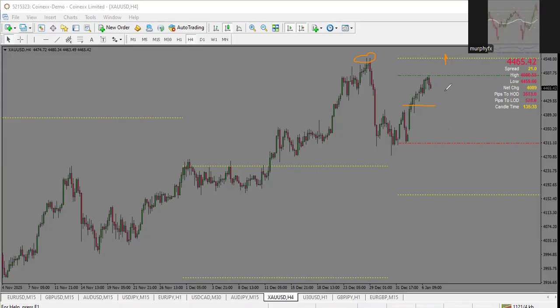So right now we are anticipating a sell, and if you look at it, it's already signaling a sell bias to us. Now we have our previous monthly high here. This is our current monthly high here.